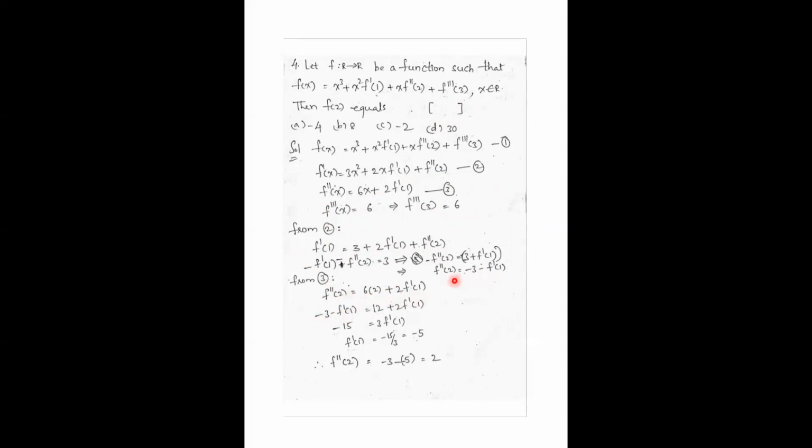Now substitute the value of f''(2) here. That is -3 - f'(1) equal to 12 + 2f'(1). By solving this, you will get the value of f'(1) as -5. Now substitute the value of f'(1) in f''(2) equal to -3 - f'(1). By substituting the value of f'(1) in this equation, you will get f''(2) as 2.